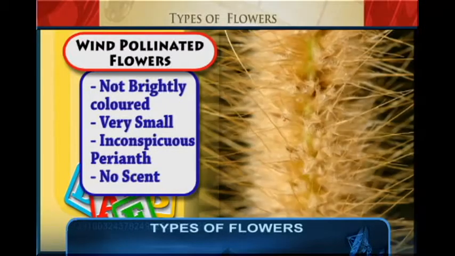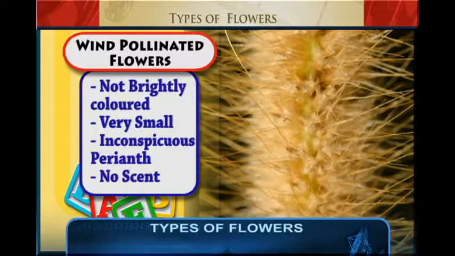They also don't produce any scent because these are wind pollinated flowers. They are just pollinated by wind, so there is no scent produced, because we know that scent is produced to attract the pollinating agents, but because these ones are pollinated by wind, they do not produce any scent.